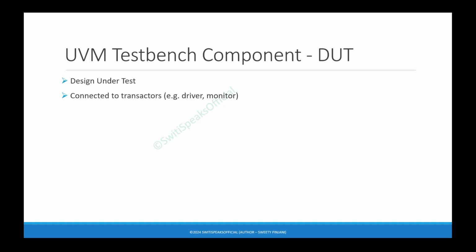Like so, driver is converting your transaction level information from sequencer to the signal level information which goes to DUT. Monitor is collecting your signal level information from DUT and converting it into the transaction level information which is used by UVM components like scoreboard. And your design under test is connected to such transactors.